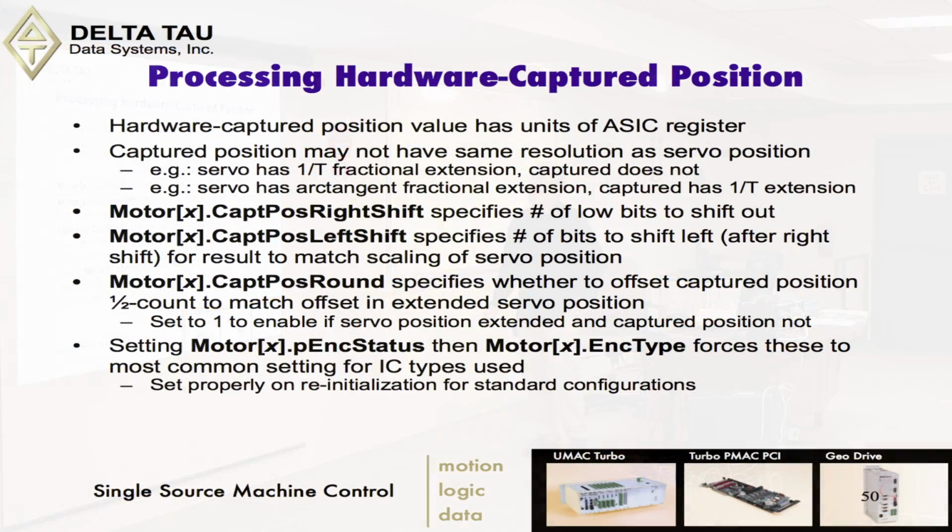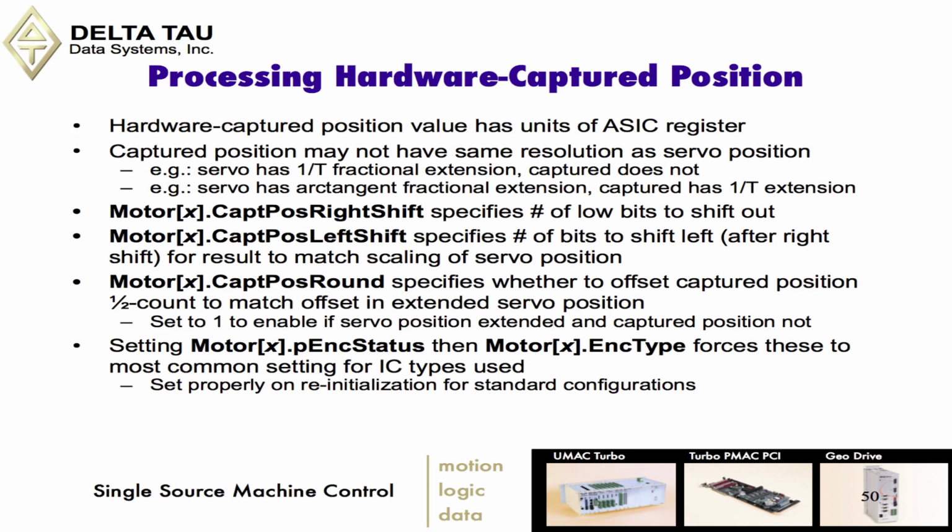So for processing the hardware captured position, it's in units of the ASIC register, so depending on what kind of feedback device we have, we may have to do a little processing on it. There are structure element names that let us do this.